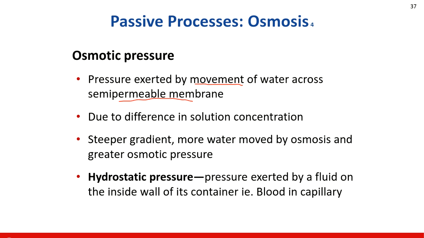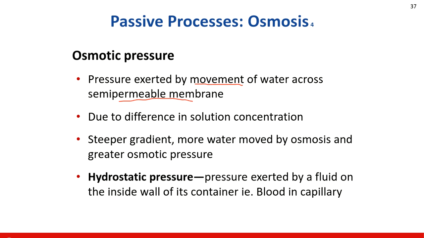I'm going to change the color back to blue. So please keep that in mind. When water moves, it starts to exert some pressure through that movement of high concentration to low concentration. So when we get that water moving across that semi-permeable membrane, aka the plasma membrane, it exerts a pressure. And at the same time, remember what we said.